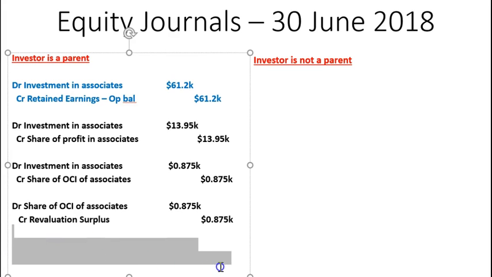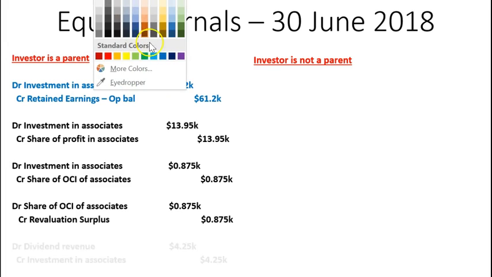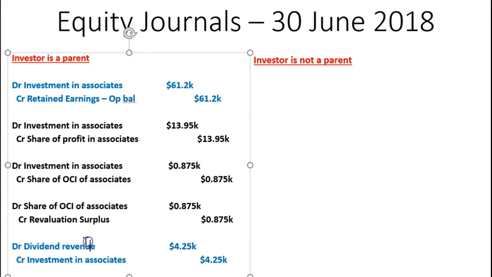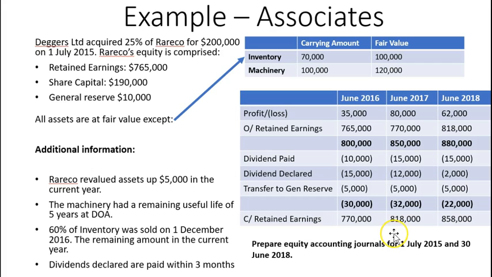Now, our last entry is to debit dividend revenue, $4.25 thousand, and to credit our investment in associates by $4.25 thousand. So we know, if we look back to our financial statements, in the current period, if we add up the dividend paid and the dividend declared, that's a $17,000 amount.